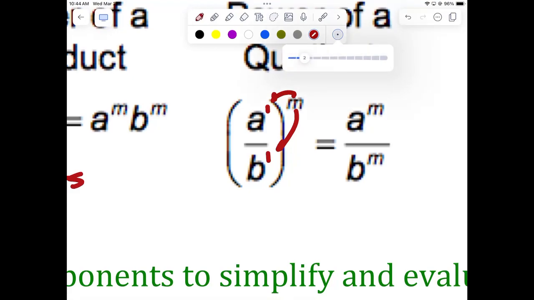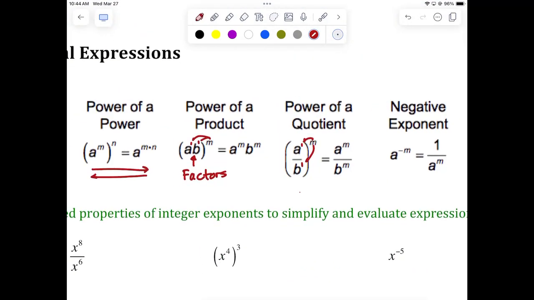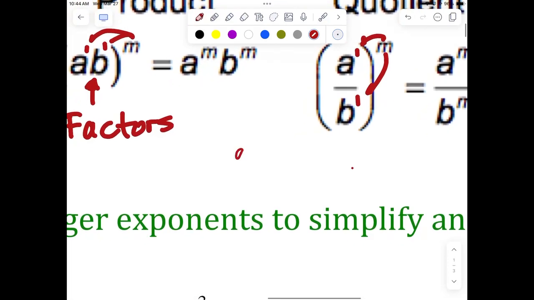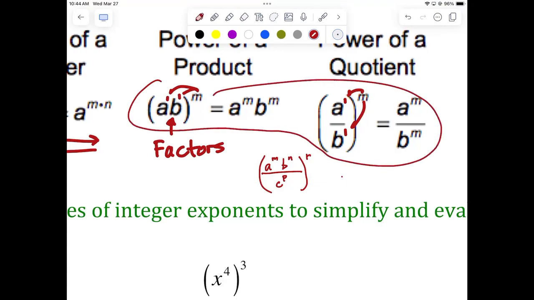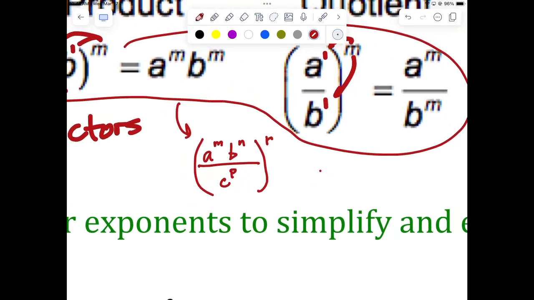You can expand it. You can combine those two into one rule if you use something like this: a to the m, b to the n, all over c to the p power, and then all of that to the r power. Okay, this is combining these two rules right here. You can combine it into one rule. So I have two factors in the top, one factor in the bottom.